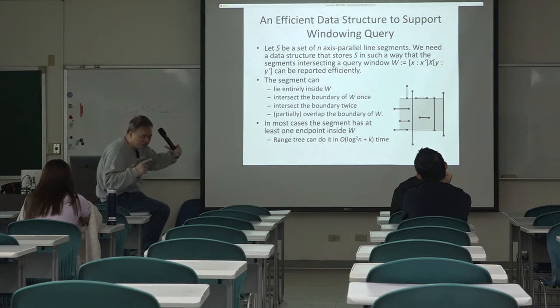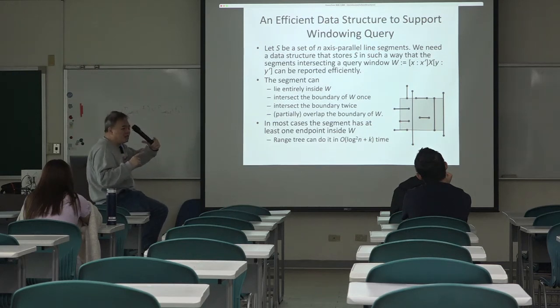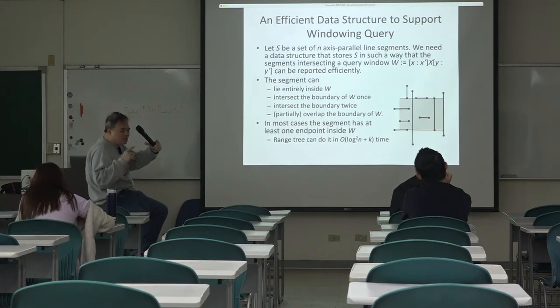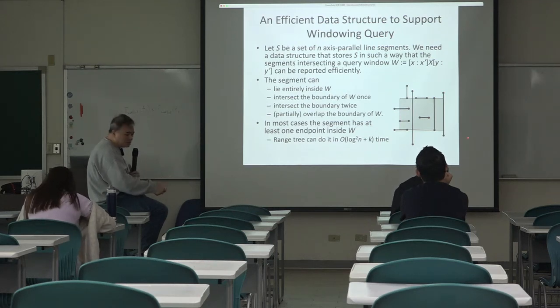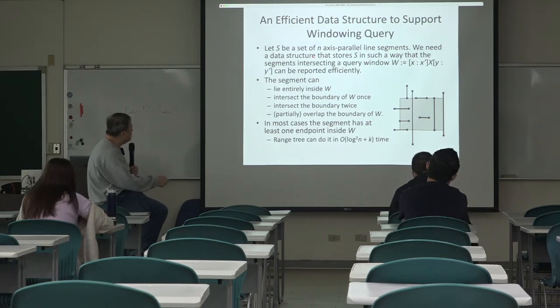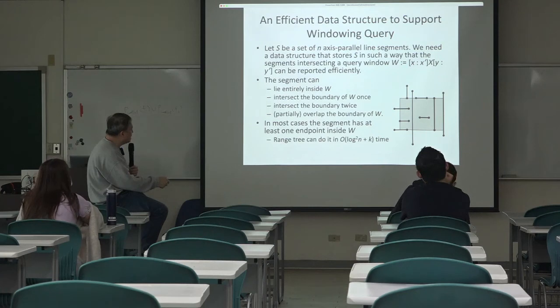That window represents the area of interest, maybe an area close to your current location, so you need to display the streets or roads inside this gray shaded region. This window is represented by x prime, y prime.